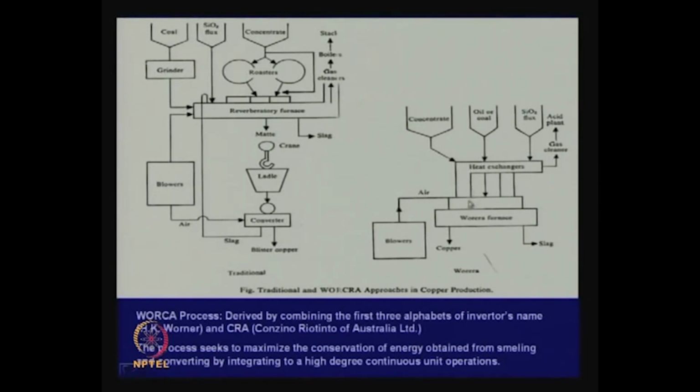Now, one of the very interesting concepts to be used in a continuous furnace is that the partial pressure of oxygen cannot be uniform all through. This is another interesting concept which needs some engineering, that is, matte and slag phases must flow in opposite directions. You cannot have matte and slag flowing together and coming out at the same end.